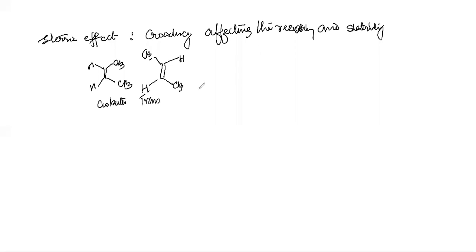Similarly, we can have it in the case of the butane molecule. Look at the conformation of the butane molecule. This is butane, CH3 and CH3. This is one conformation. Now see, H, H, H, and H. And look at this conformation where we have CH3 very close to each other.